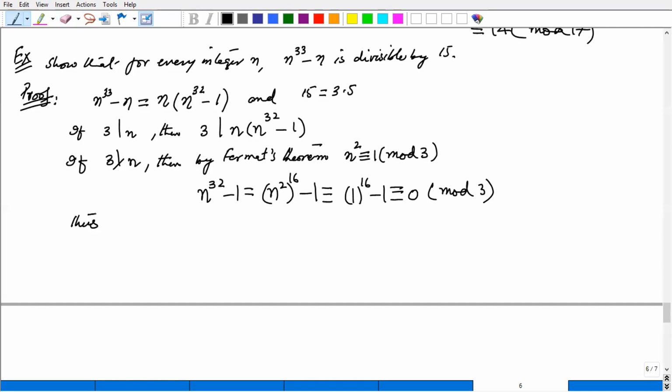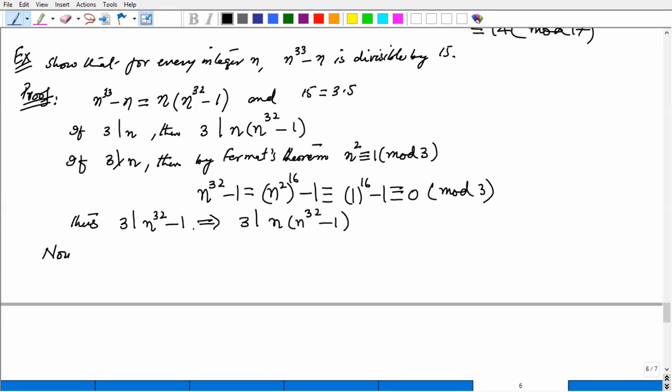Thus 3 divides n to the power 32 minus 1. So this implies 3 divides n times n to the power 32 minus 1.